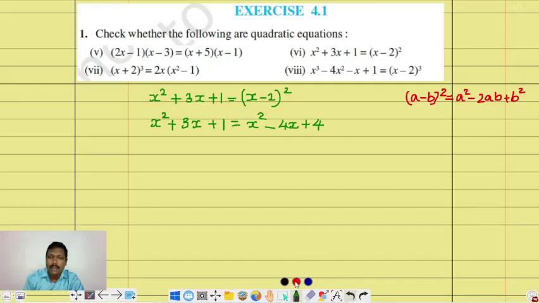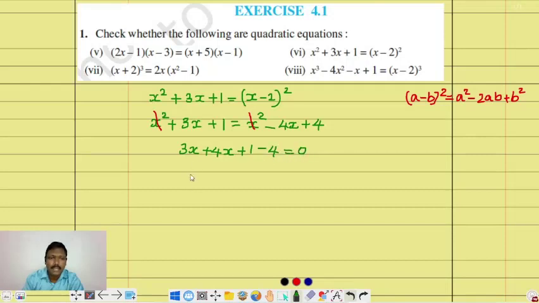Now from here you can see both sides we have x square, so you can cancel. Anyway, this does not form a quadratic equation. By reducing this, that is 3x minus 4x, you can bring this side, so it will be 4x plus 1, and 4 you can bring this side, so it will be minus 4 is equal to 0.